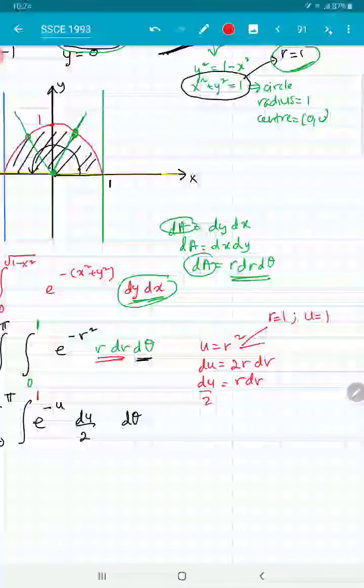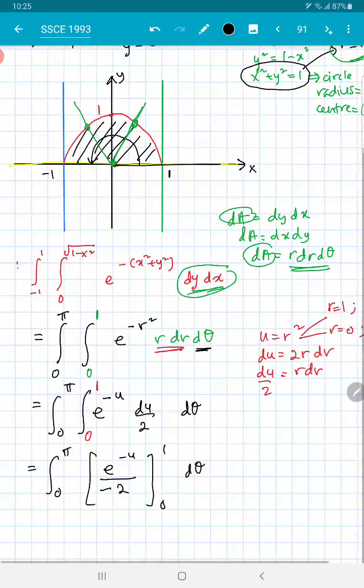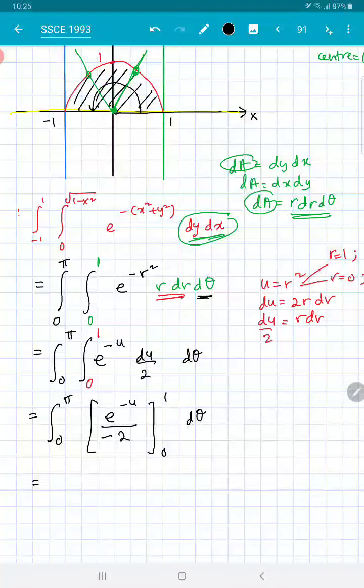Now integrate the inner integral. We have e to the negative u over 2 divided by negative 1, and then replace u with the upper and lower limits. We still have d theta. If you don't like the negative bit, we can always write it outside of the value.